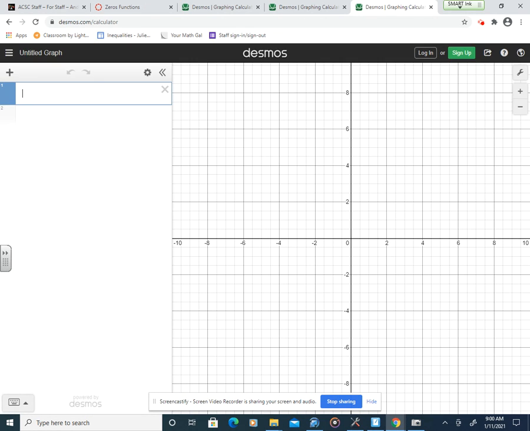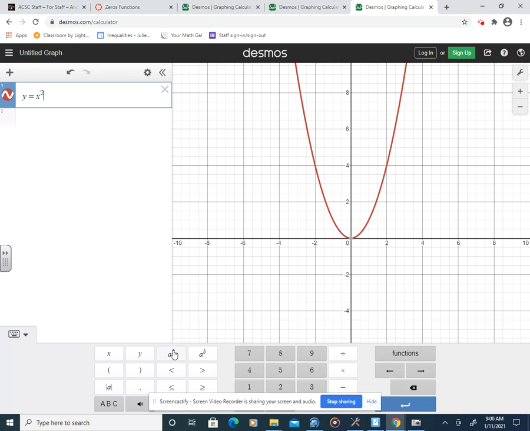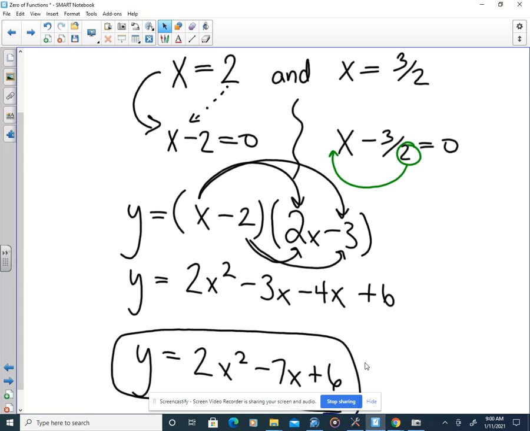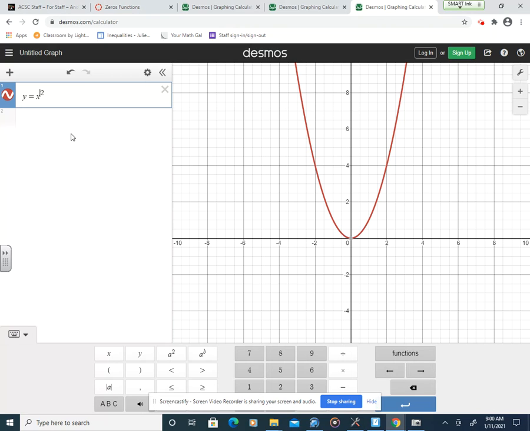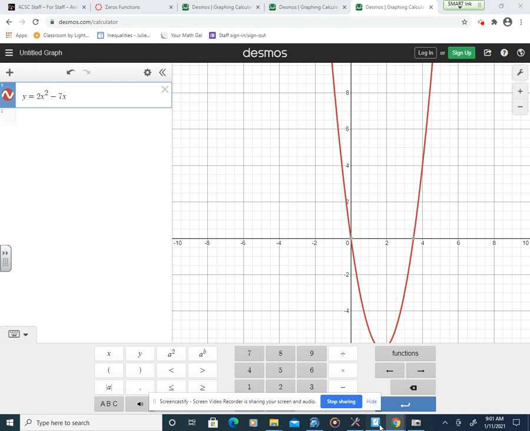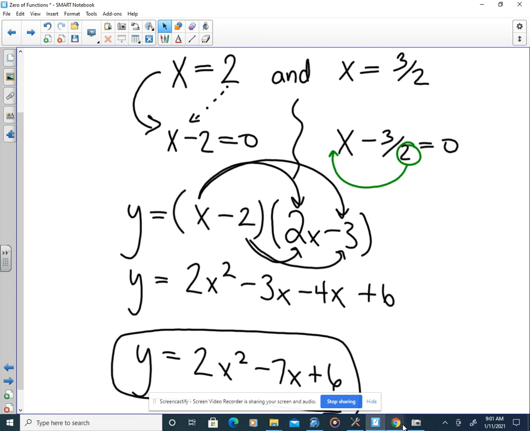So what was our equation? It was y equals 2x squared minus 7x plus 6.